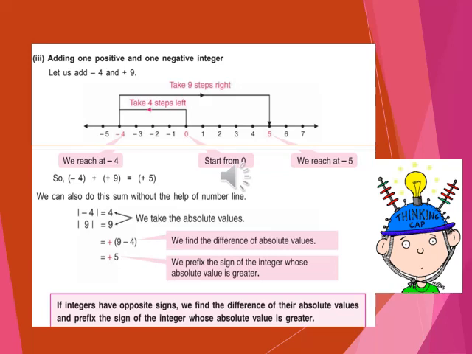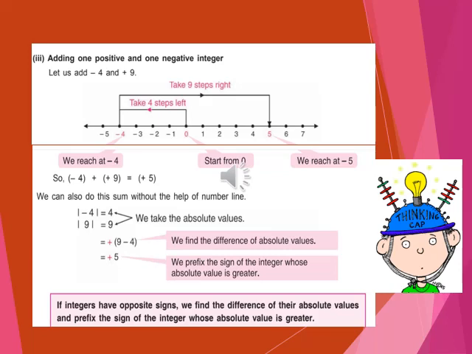See here, we will always start from the 0. Minus 4 means what? Minus 4 means we take 4 steps to the left side. So from 0, walk towards the left 4 steps. We reach minus 4. Now see here, plus 9. Now we are at minus 4. Plus 9 means what? We have to take 9 steps to the right, but from the minus 4.